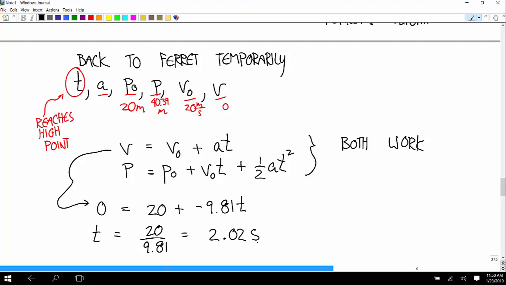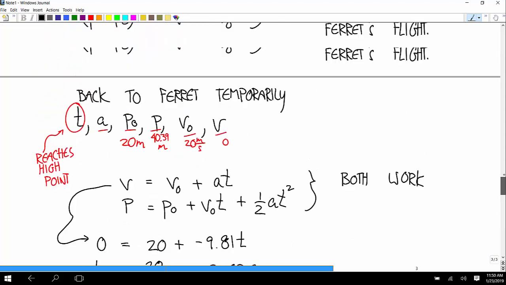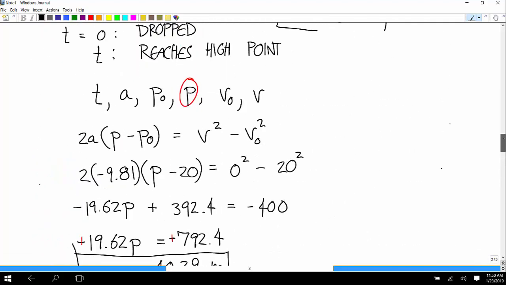Any questions about that? So now we're going back to the floor of the elevator. Ooh, time's up. Floor of elevator. So now what equation works now that we know t final?